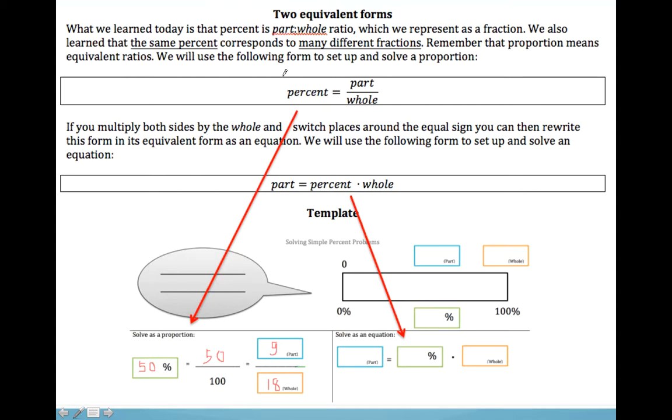We can also think about another way to show percent equals part over whole. If you multiply both sides by the whole, then whole and whole will cancel. So let's say we multiply the right side by whatever the value of the whole is, in this case 18, and multiply on both sides.